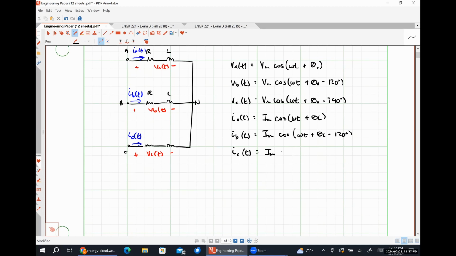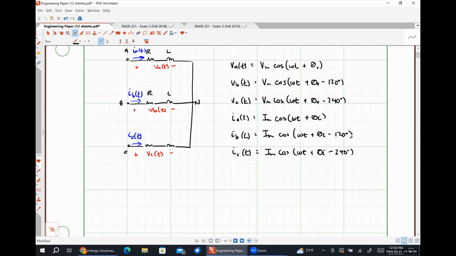And Im cosine omega t plus theta I minus 240 degrees for our C phase. So everybody catching what I'm throwing thus far? We just have three voltages all 120 degrees out of phase with each other, three currents all 120 degrees out of phase with each other.